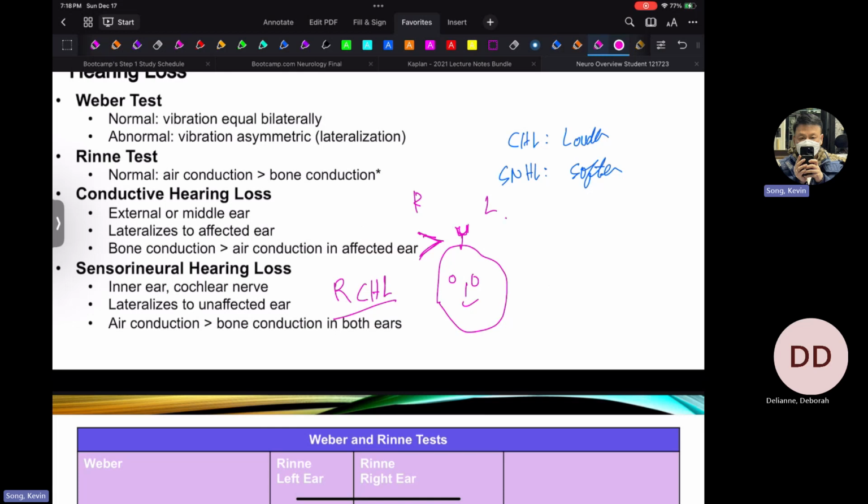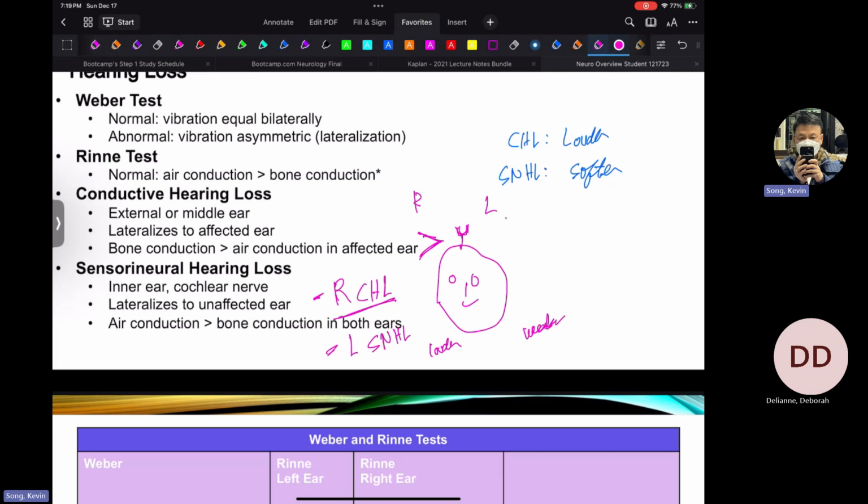Another possibility is that this is louder, which means that the other side is weaker, softer, right? So in other words, this is either right side conductive hearing loss or left side sensory neural hearing loss.